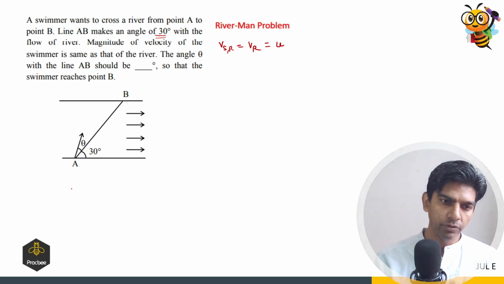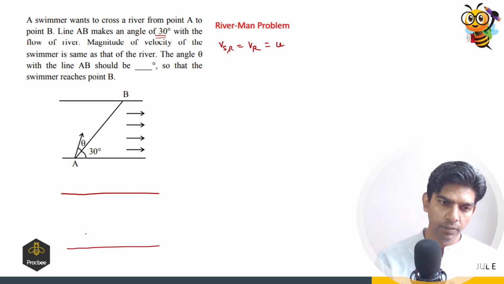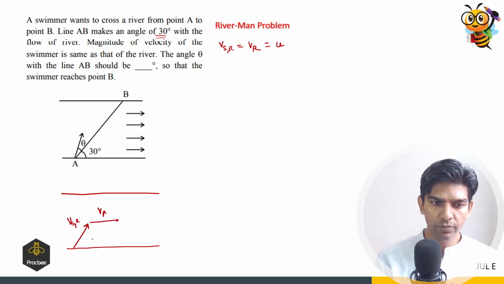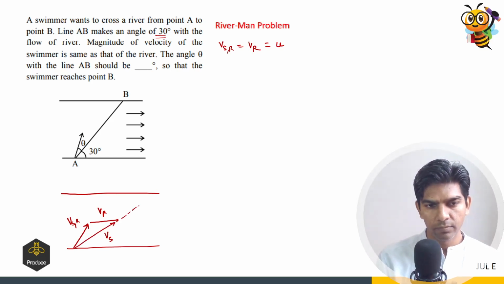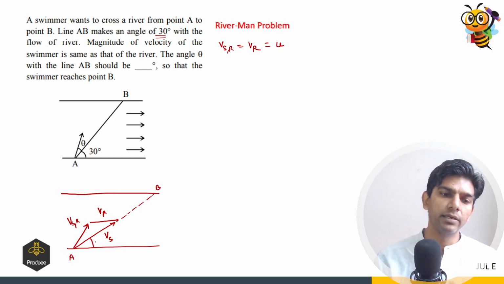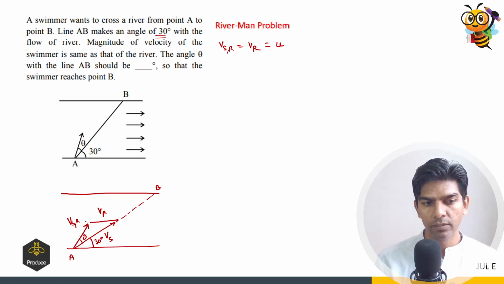Okay, right. So let me redraw the diagram. These are the two banks, and let us say this is the velocity of swimmer with respect to river, and that is the velocity of river, and this is the velocity of swimmer in ground frame. So this point is A, this point is B, and this angle is given as 30 degrees, and this angle is theta, which we have to calculate.